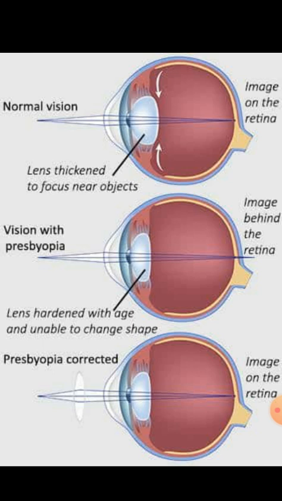The bifocal lens consists of both concave and convex lens. The upper portion has a concave lens and is used for distant vision. The lower portion has a convex lens which is used for near vision.